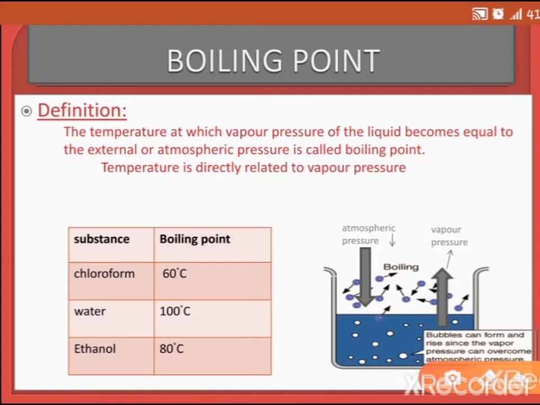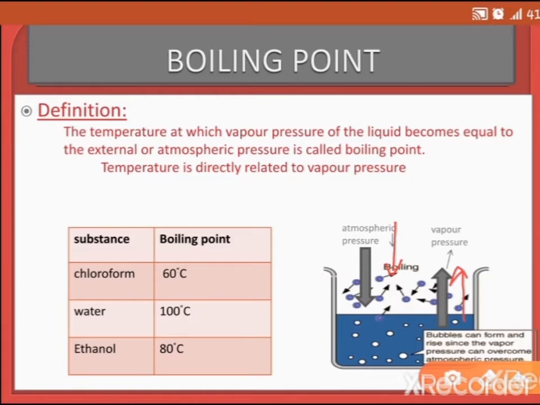It means greater the atmospheric pressure, greater will be the temperature at which the liquid boils. Because greater the atmospheric pressure, liquid will require more energy to overcome the attractive forces between them and escape as vapor.